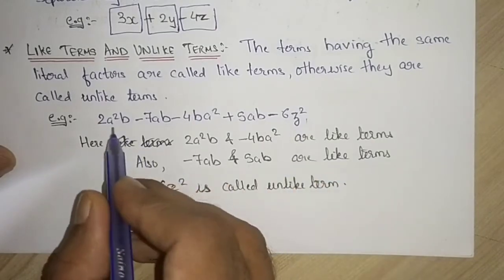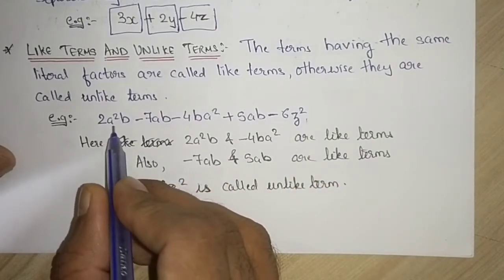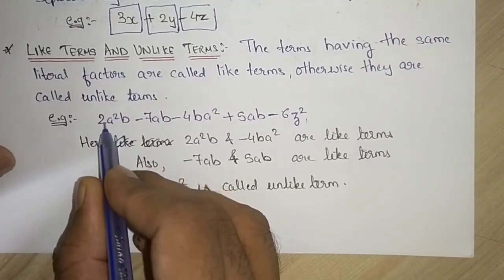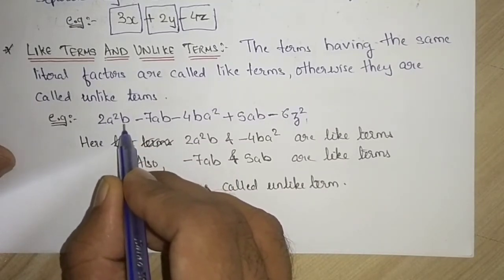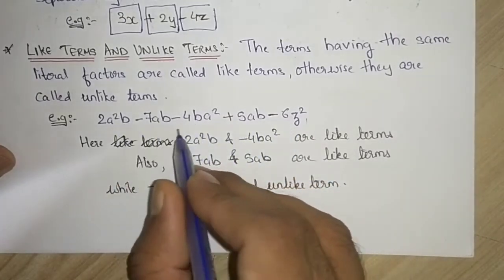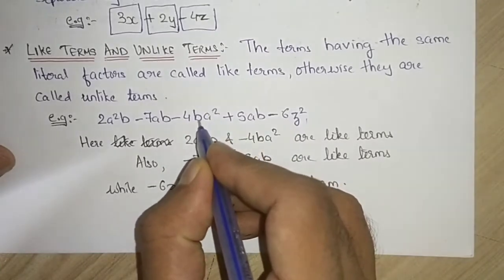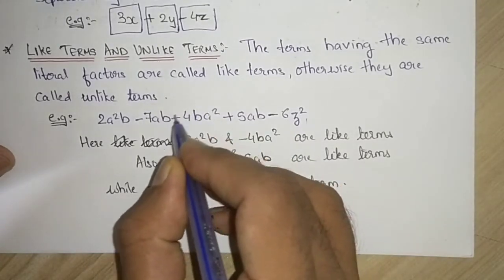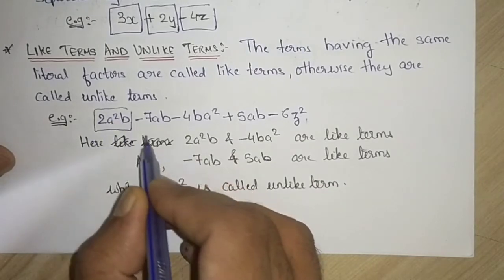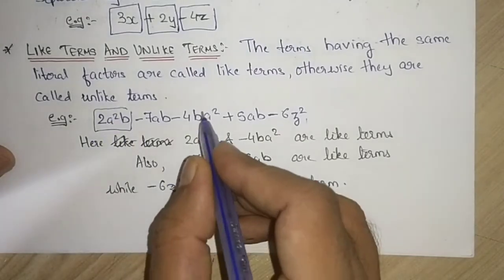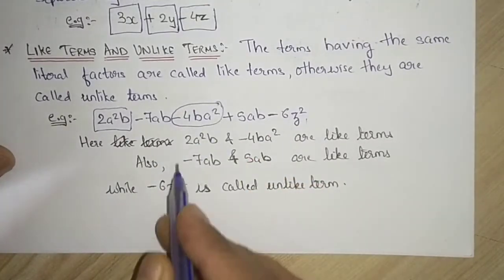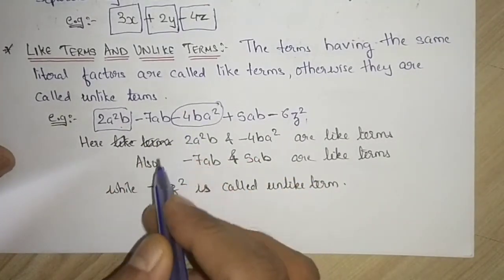Now in this term, look properly at the variable portion. Here it is a square b. Look at the other term, which also has a square and b. Don't look at the numerical value. So these terms, that is 2a square b and minus 4ba square, are like terms.